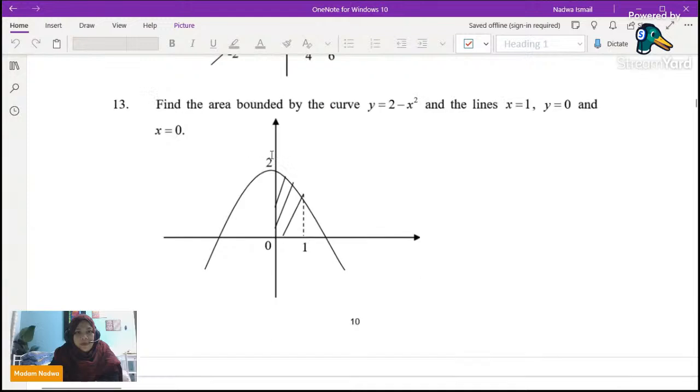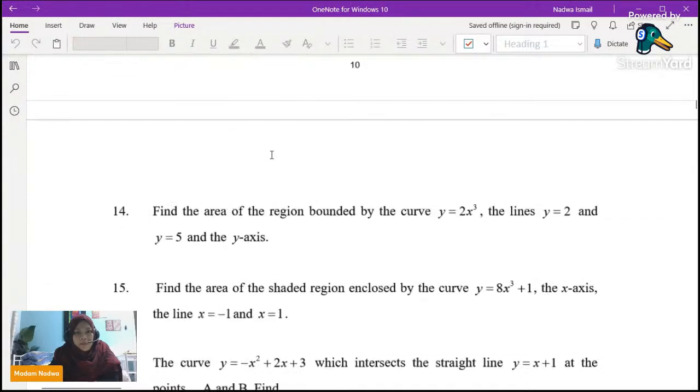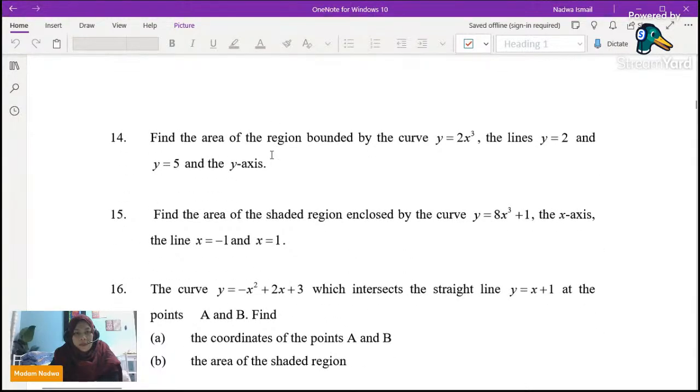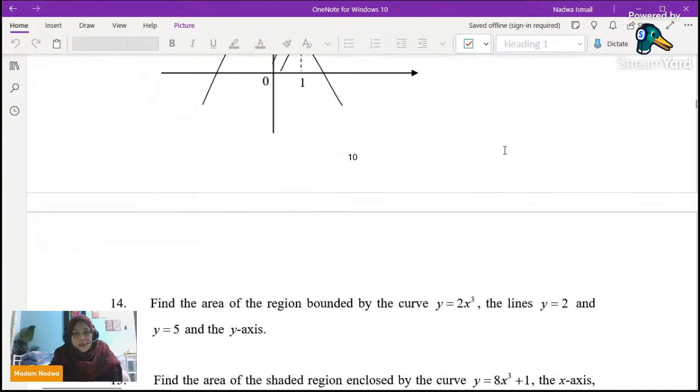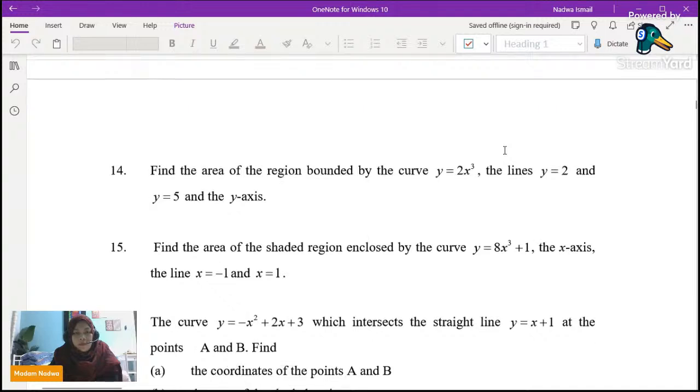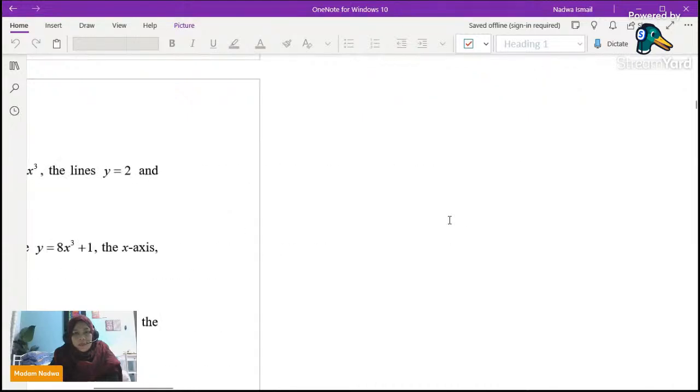So 11, 12 and 13 is very simple. But then 14 here can be done if you can draw the graph yourself. So macam soalan 11, 12 dengan 13 tu dia dah tolong draw dah untuk kita. But then how if the question asks you only give the function but not the graph sketching itself.